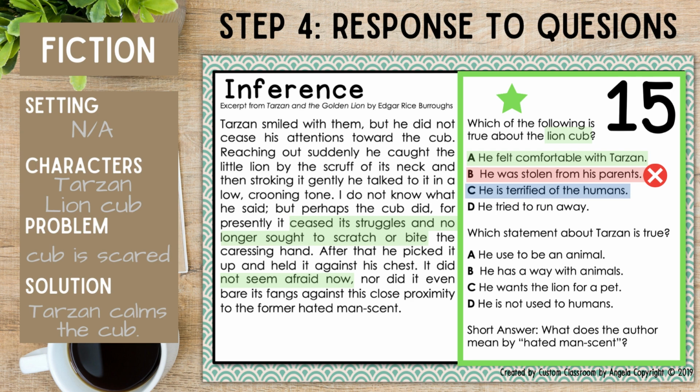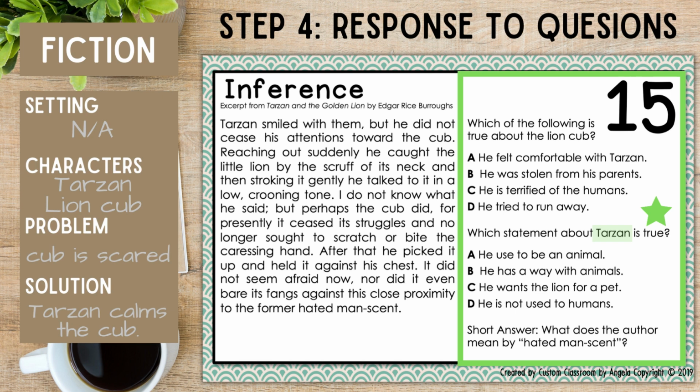The lion cub is scared since he is struggling and scratching in the beginning, but to say he is terrified of all humans is a bit too extreme of wording. But this is a great example of an answer choice that is almost correct and easy to get tricked on. D, he tried to run away. This is also incorrect since there are no clues suggesting that he was running and that Tarzan had to chase him to then catch him.